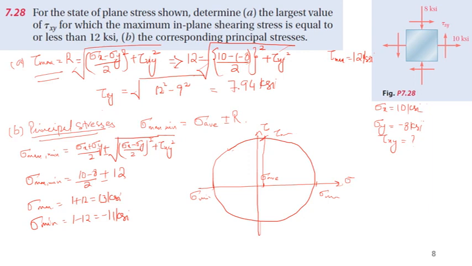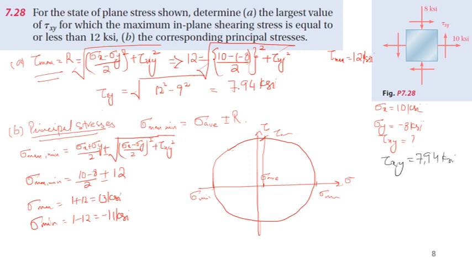Okay. Now, if I want to represent these stresses as shown over here, we have calculated this tau xy, 7.94 ksi.